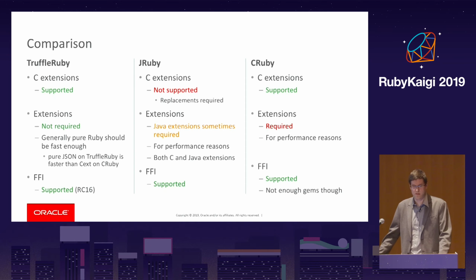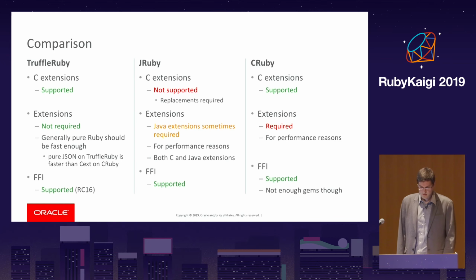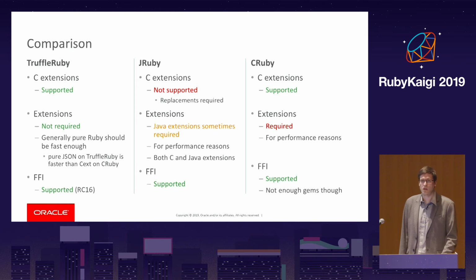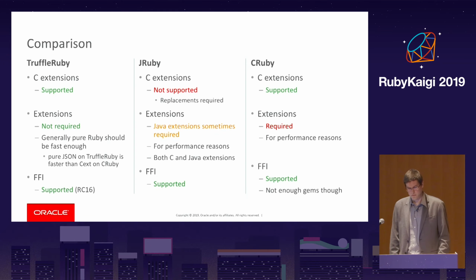But on TruffleRuby, the C extensions are supported, so you don't get these issues. On CRuby, you sometimes need extensions because for performance reasons, Ruby might not be fast enough for you. In JRuby, the situation is similar, but you need to keep two implementations around, one in Java and a second one in C if you need that for MRI.